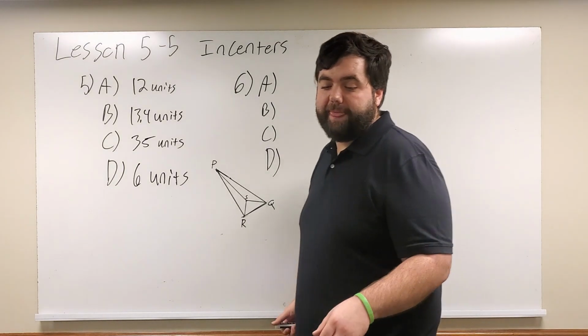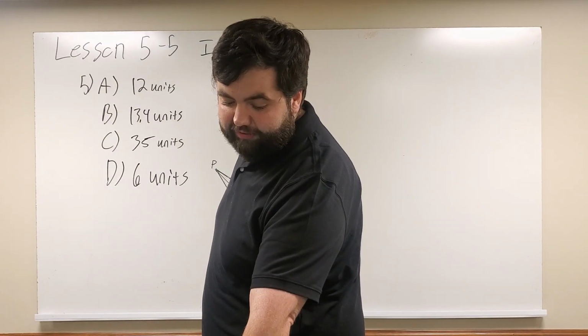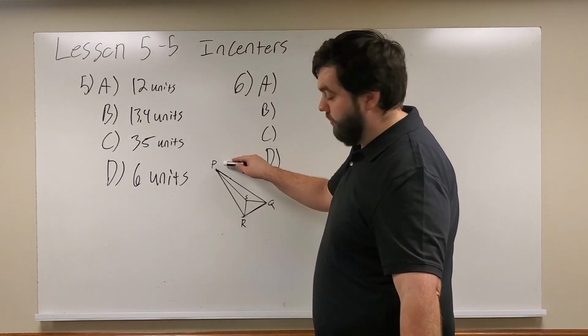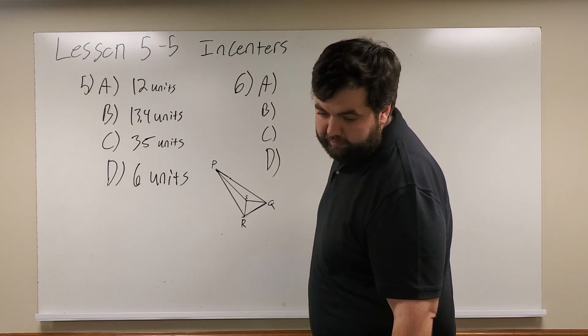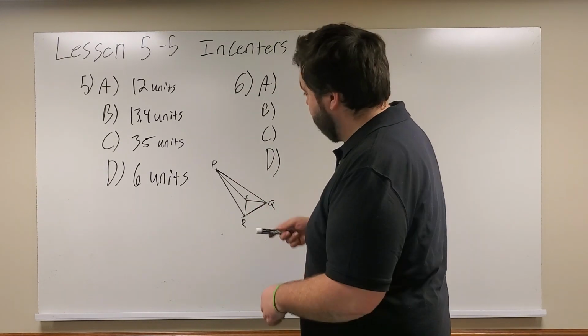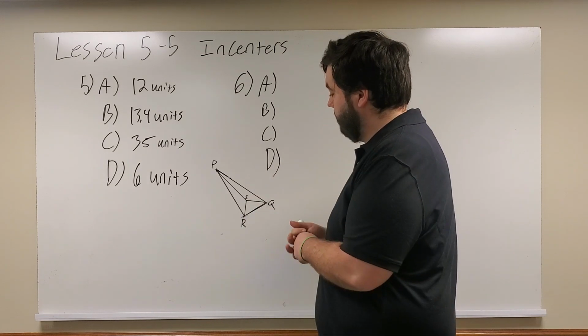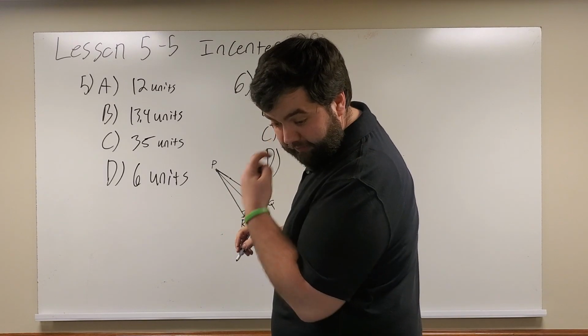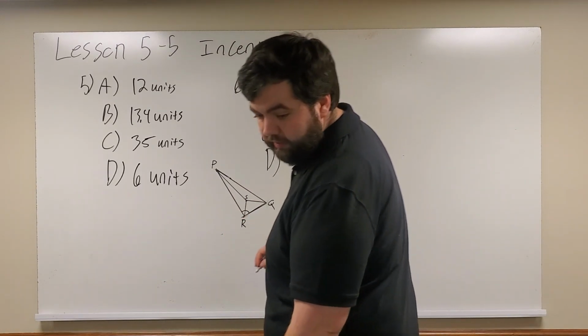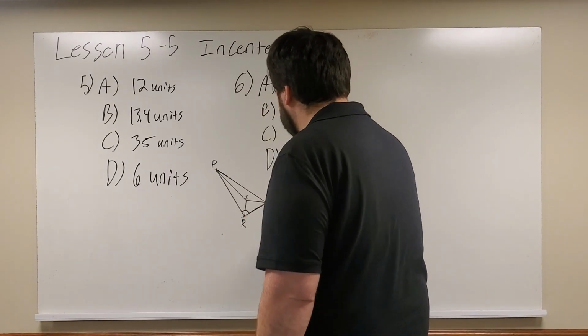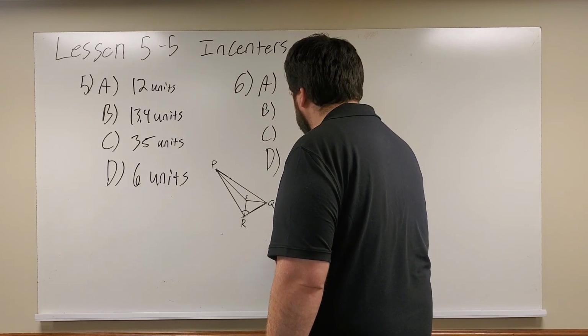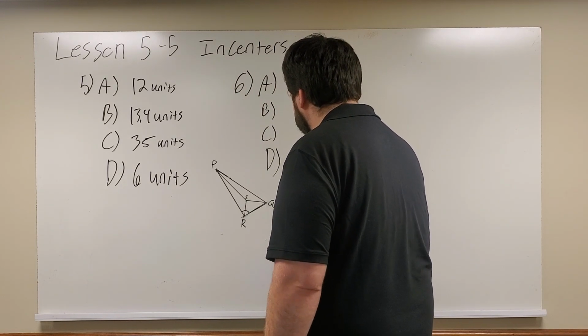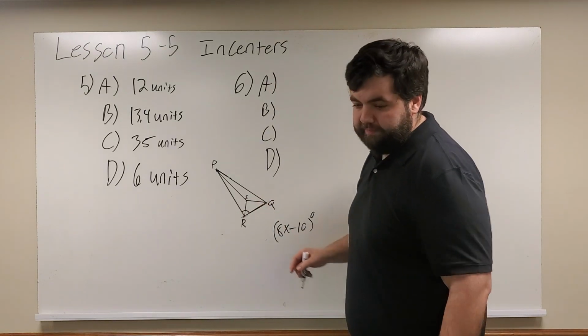All right, so it says, if S is the incenter of triangle PQR, and the measurement of angle PRQ, so this whole angle, is equal to 8x minus 10 degrees. That whole angle, all right?